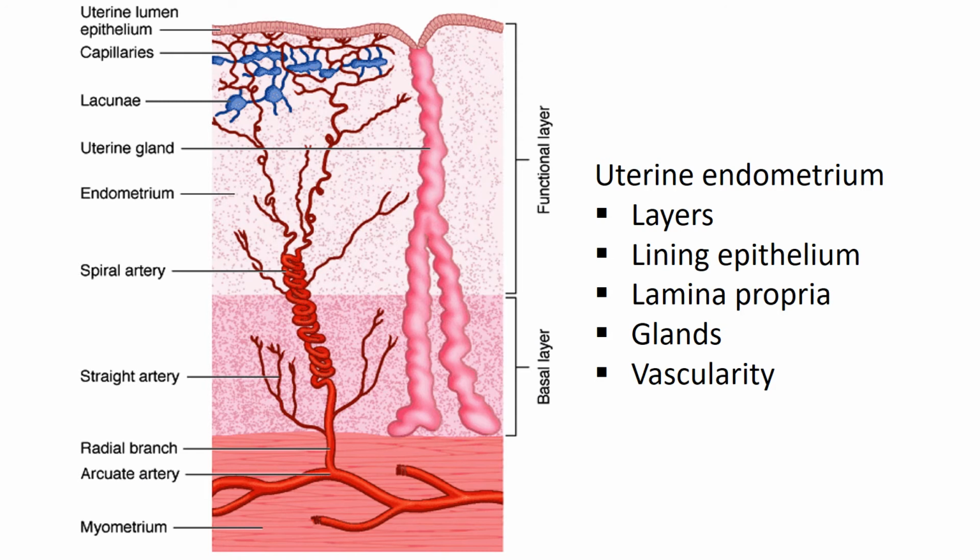The second set of arteries are the spiral arteries, which are under the influence of progesterone.